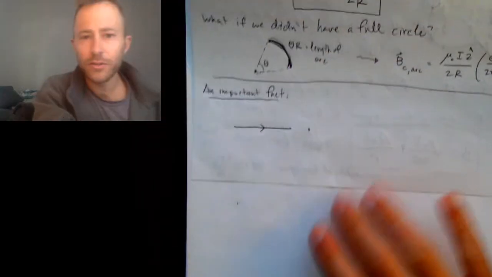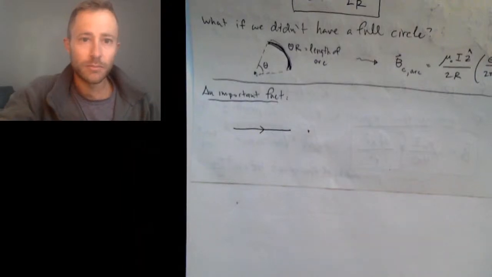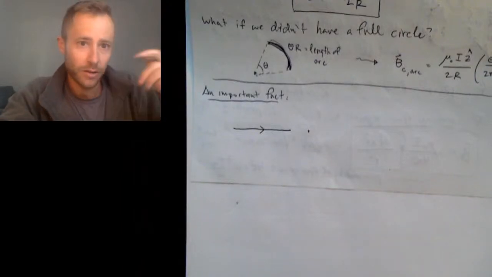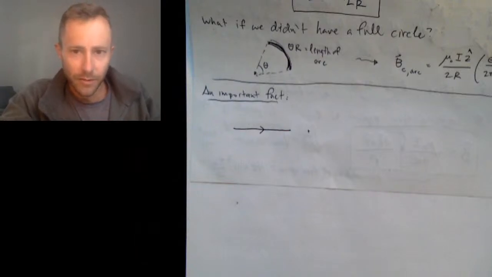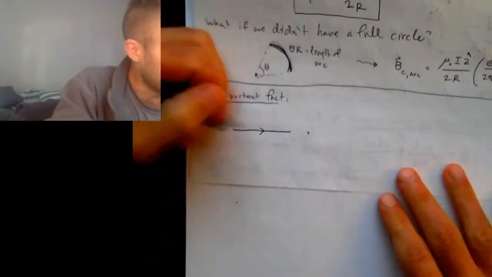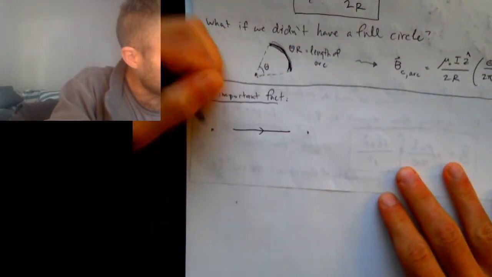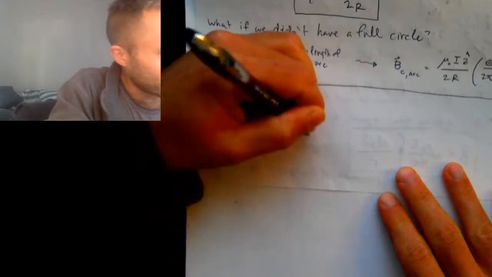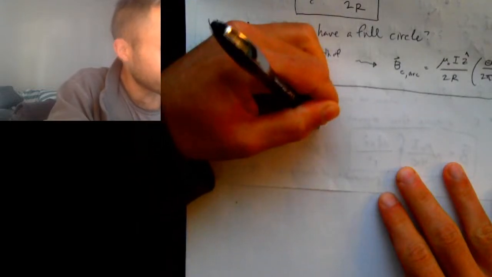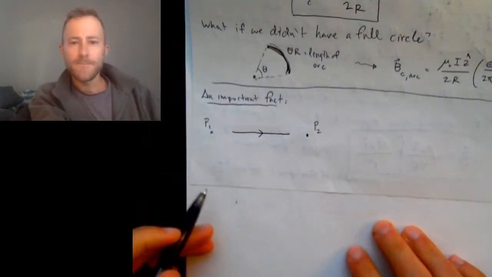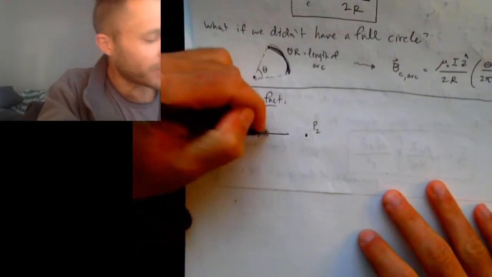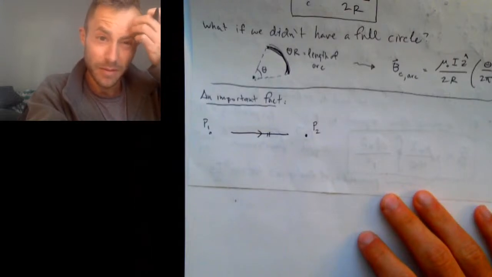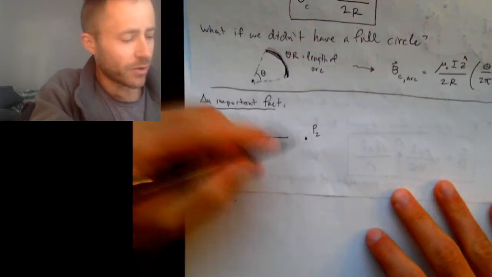In the next lesson we're going to be talking about straight segments of wire, not circular arcs, but there is an important fact that you will need for today's lesson. What if I have a point here, let's call it P1, and a point P2, like that? And then I have a segment of wire right here for which I want to figure out dL cross r hat.